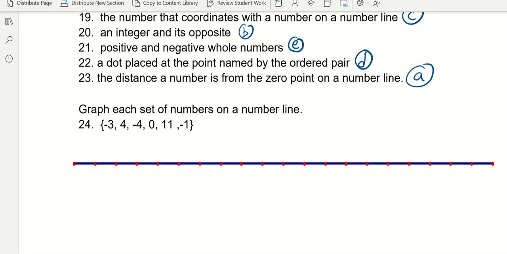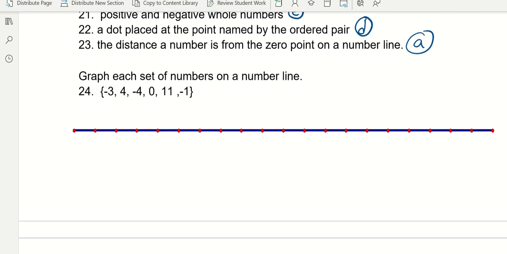Graph each set of numbers on a number line. Okay, so we go up to 11, I see. How many dots do I have? Well, how low do I go? I go down to -4, and I go up to 11. So I need, let's see here, that's 12 plus 4. I need 16. How many dots do I have? 1, 2, 3, 4, 5, 6, 7, 8, 9, 10, 11, 12, 13, 14, 15, 16, 17. Yeah, I got plenty.